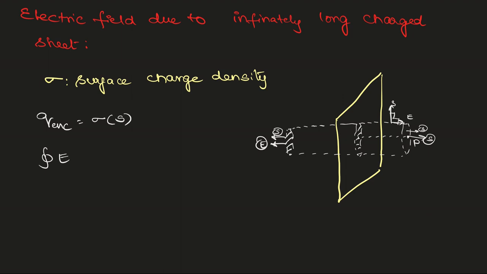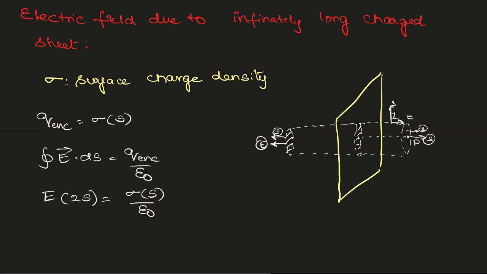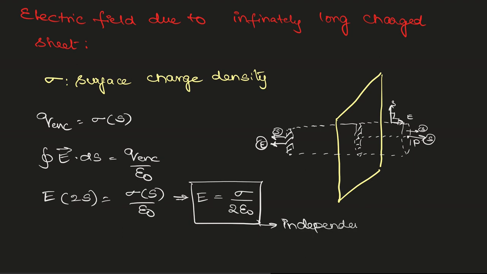So integration of E bar dot ds bar will be equal to Q enclosed by epsilon naught. So E into two surfaces we are having, so that it will be sigma into S by epsilon naught. So electric field will be equal to sigma by 2 epsilon naught, which is independent of distance. And this is for a non-conducting sheet.